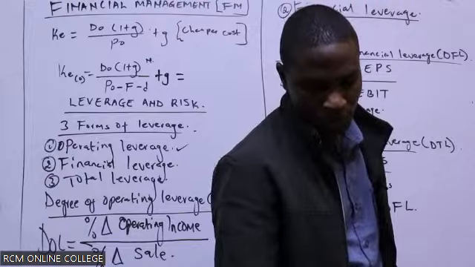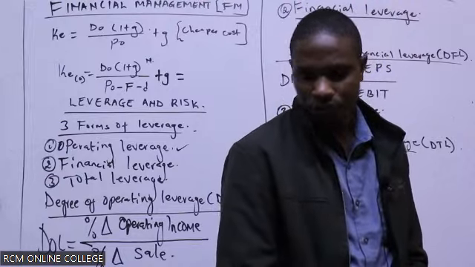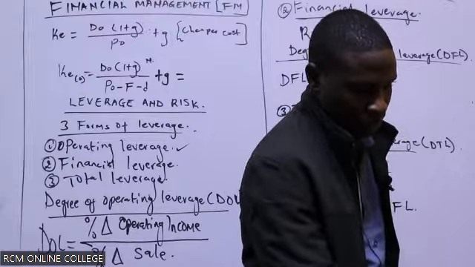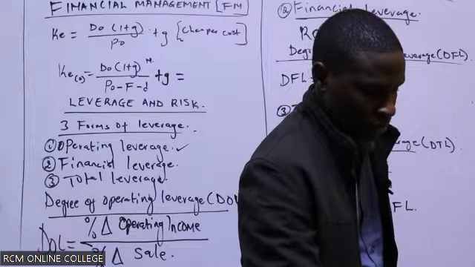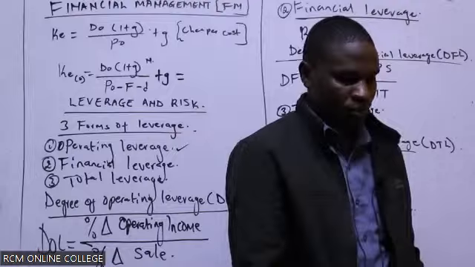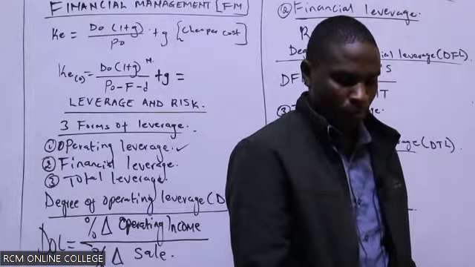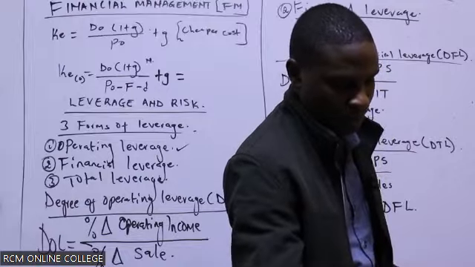So just look at the past paper of 2023. 2023, was it not December? Is it August or April? Yes, August. The August past paper. Let's look at the August past paper.